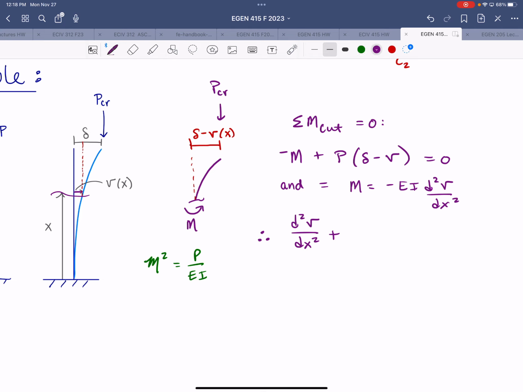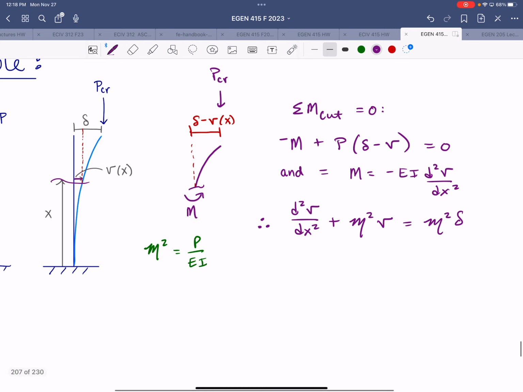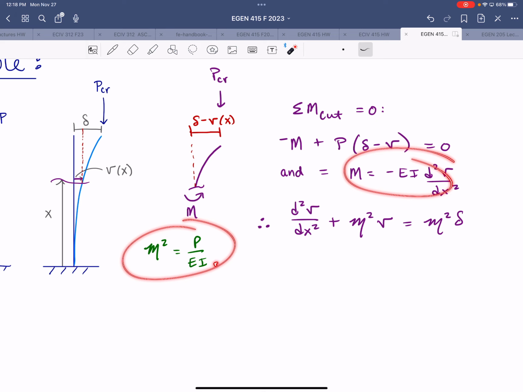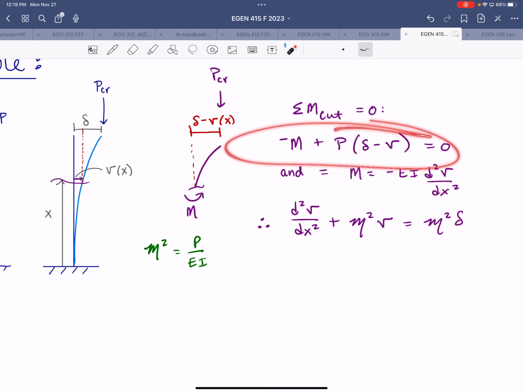So we can plug that in the second term. So we would have m squared here times V is equal to lowercase m squared times delta. So that's making some substitutions, dividing through by EI, and then redistributing the equation.